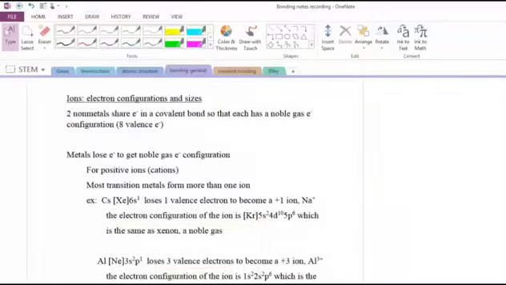Okay, so ions. Remember, an ion is a charged particle.